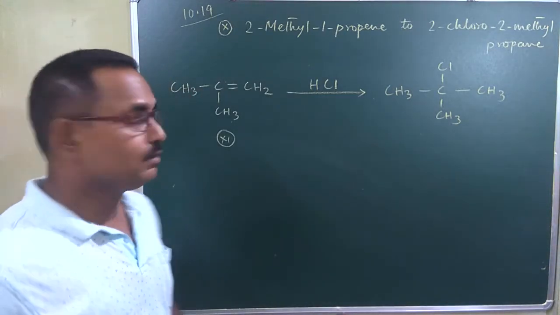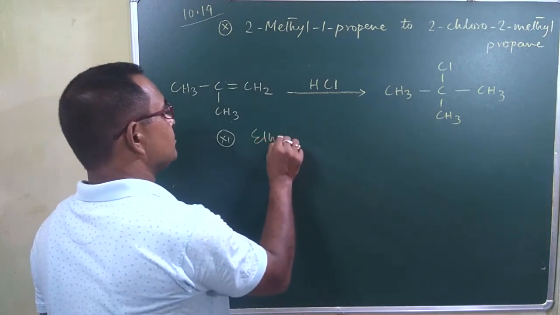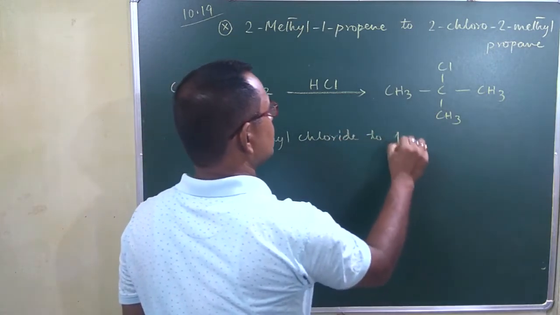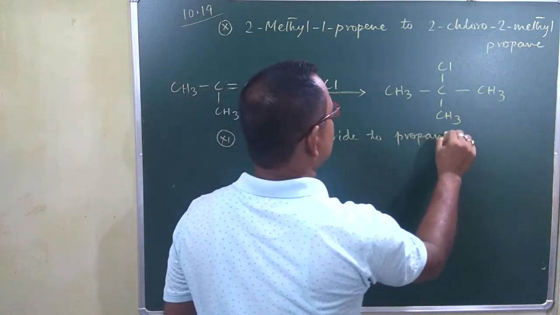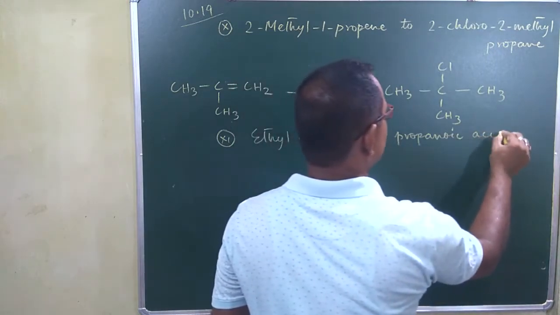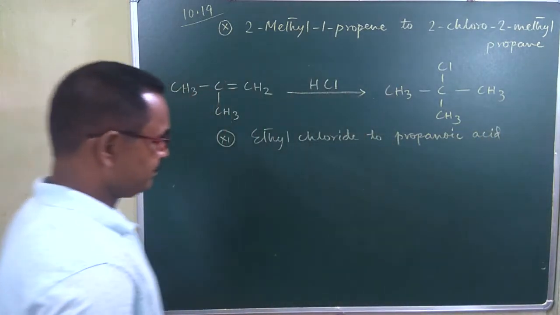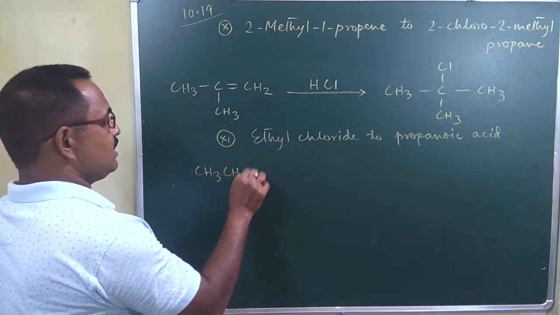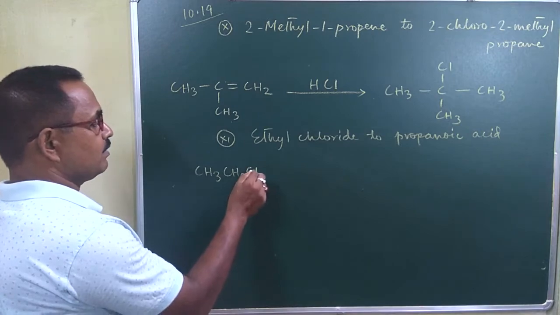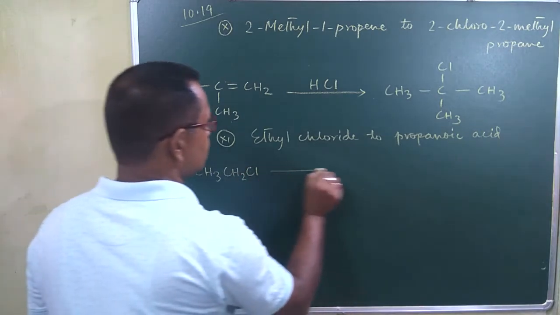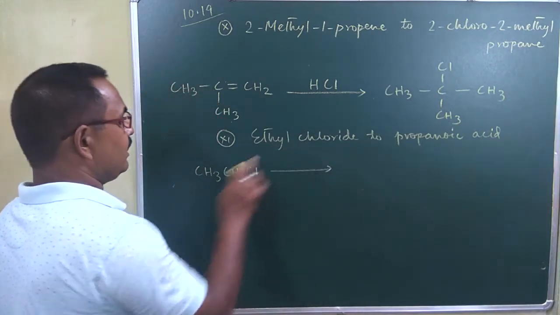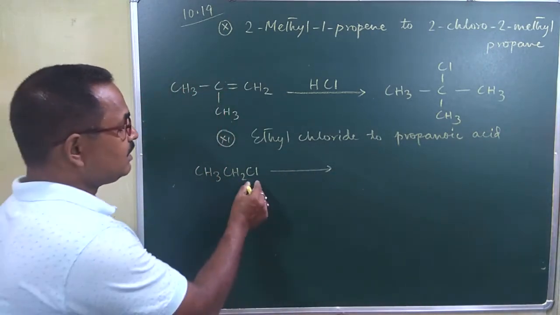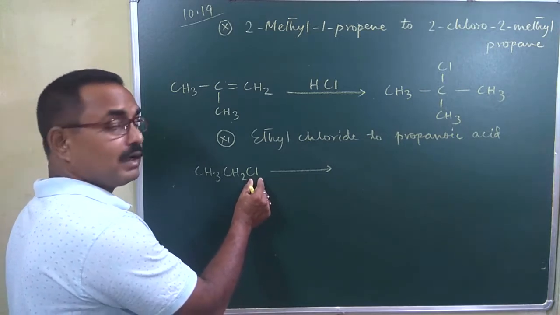Ethyl chloride to propanoic acid. CH3CH2Cl. This is ethyl chloride. Ethyl chloride has 2 carbons. Propanoic acid will have 3. So you have to increase 1 carbon atom.